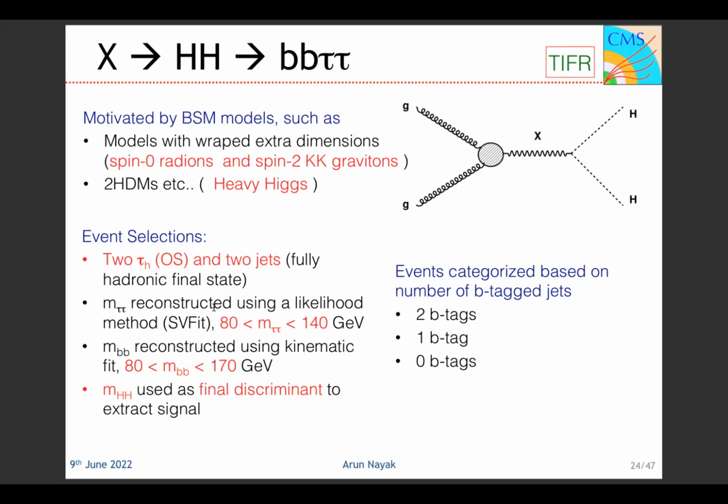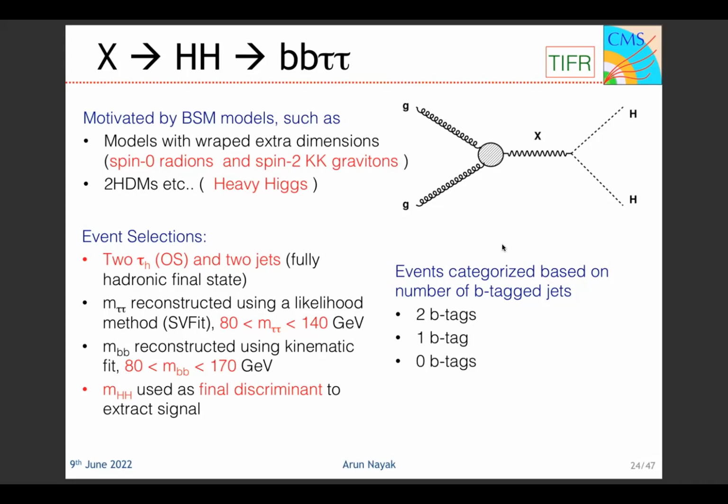This is similar to the MSSM analysis, where you reconstruct the di-tau mass using the likelihood method and then apply some cuts on them. Similarly, you reconstruct the di-jet mass using a kinematic fit, and then the final discriminant is the mass of the 2 combined, the invariant mass of the 2 Higgs bosons.